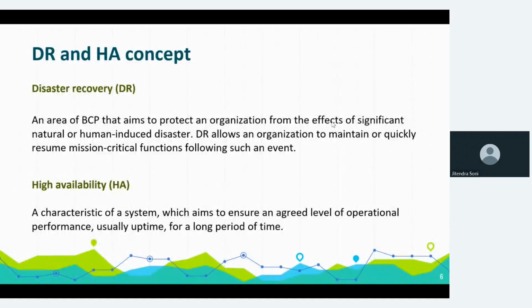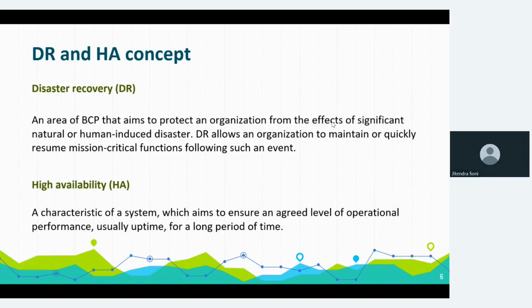The business continuity basically has two major items. The first is disaster recovery. If something goes wrong, what is our backup plan? The DR will allow an organization to maintain or quickly resume mission-critical functions. That is disaster recovery.